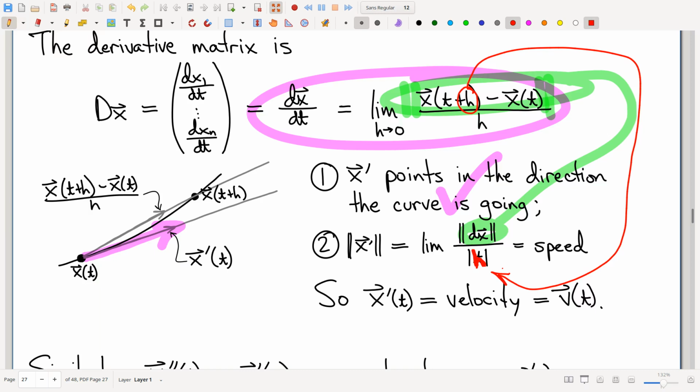So this denominator is effectively elapsed time. And so altogether then, the magnitude of this derivative vector is distance per unit time, which is speed.